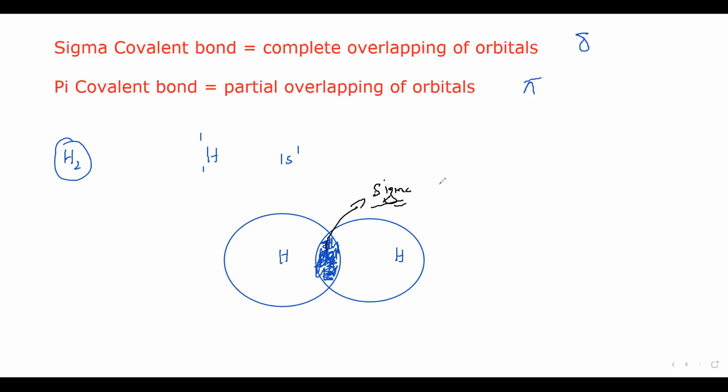But there is also another type of bond that's known as a pi covalent bond. So what is the meaning of pi covalent bond? Like we have oxygen O2. When we write the electronic configuration for one oxygen, it is 1s2, 2s2, 2p4, because the total is 8 electrons.